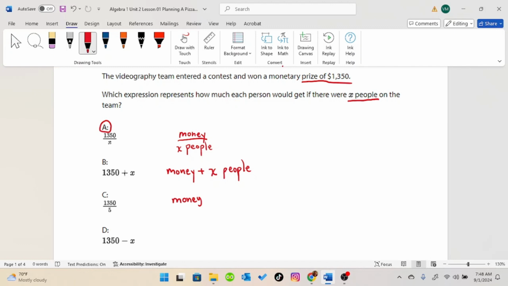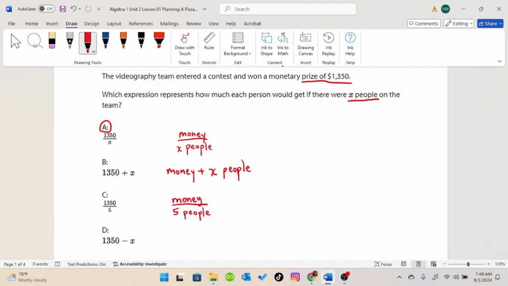So that part is correct. But now we have 5 on the bottom, which means there are 5 people. But if you remember, we don't know how many people. That's why we used X. So C is incorrect because it is telling us how many people there are, and we don't know how many people there are.